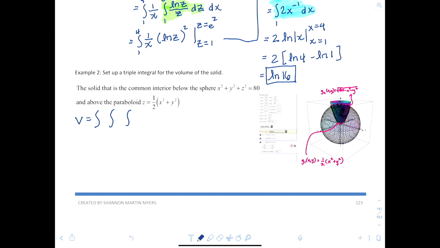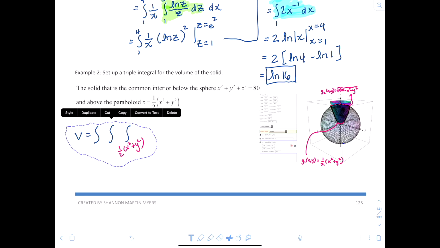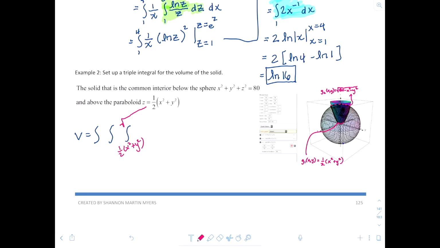So our g1 of x and y was 1/2 times quantity x squared plus y squared, and then the top was the square root of 80 minus x squared minus y squared, because that's the top of the sphere. And that is the dz portion.